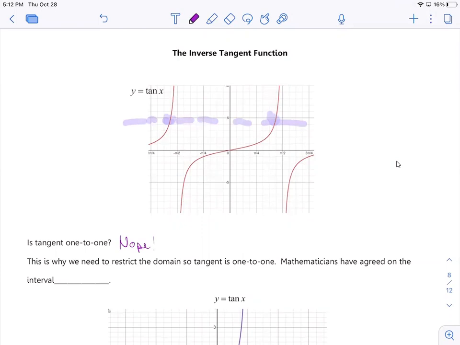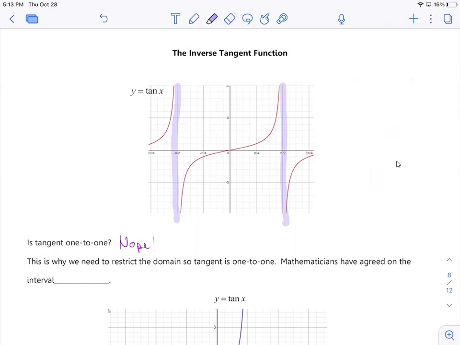Just to refresh your memory, these little waves repeat themselves every pi units, and it keeps going. So I only focused on one of them. That is why mathematicians came up with negative pi over 2 to pi over 2. It's convenient because it's the same restriction as arc sine.